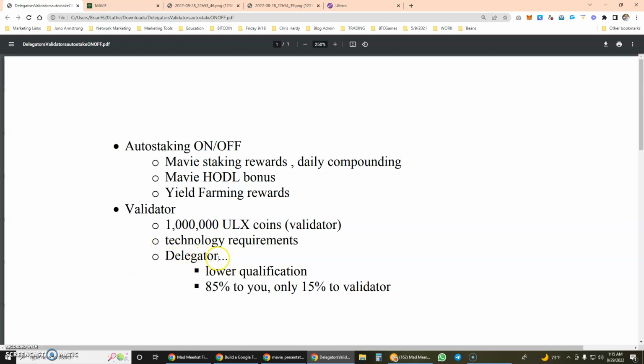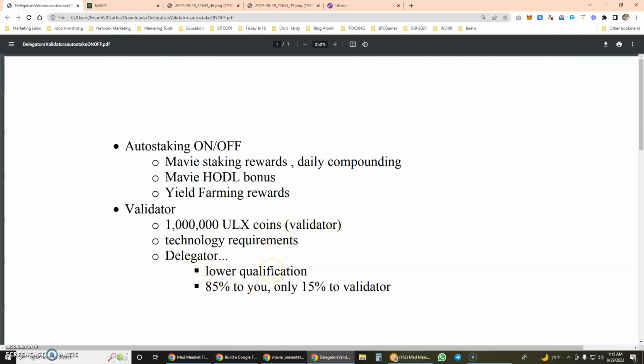They'll come out with this delegator program. There's going to be a lower qualification. That's the good news. It's not going to be 1 million coins. I heard it might even just be 1 ULX coin. That would be really, really amazing. Okay? But if it's 100 ULX coins, if it's 1,000 ULX coins, whatever it is, you have an opportunity to earn those and put those in your MetaMask right now.